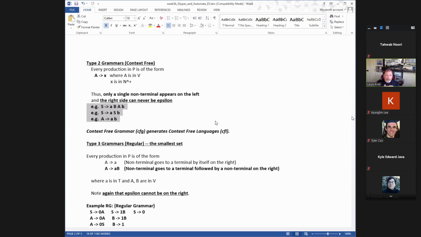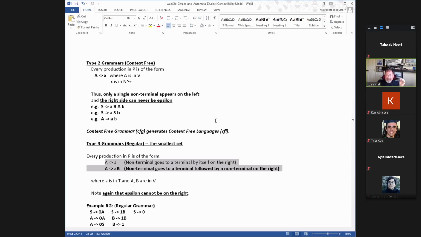For a regular language, every production in P, that set of production rules, is going to be in one of 2 forms. It's either going to be a non-terminal going directly to a terminal, or a non-terminal going to a terminal, which can also be followed by a non-terminal. And that's it. These are the only 2 types of production rules that you're going to find for a regular language.